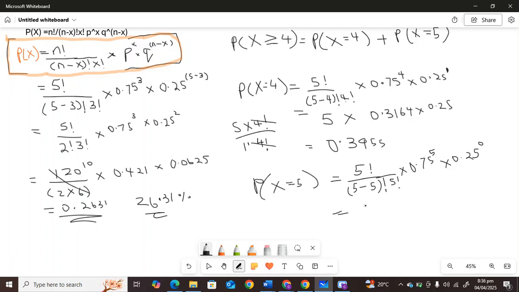So here we have 5 factorial over 5 minus 5, that is 0 factorial.